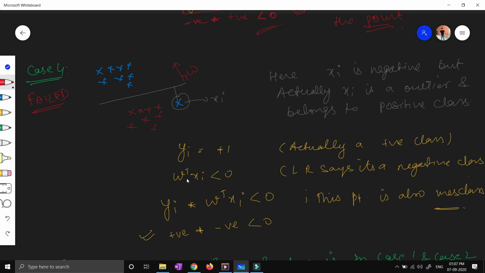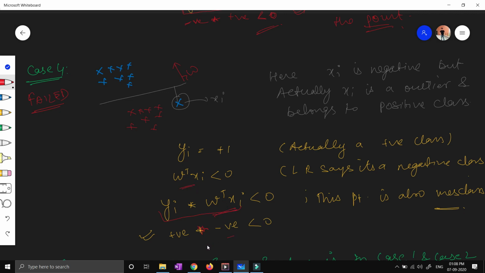Hence it will say that W transpose xi is less than 0, thinking that it's a negative class, but actually it's a positive one because it's blue in color. So you can see over here that yi times W transpose xi is less than 0. If I calculate this particular term, yi is positive actually, and I multiply it with the negative term because it's less than 0.